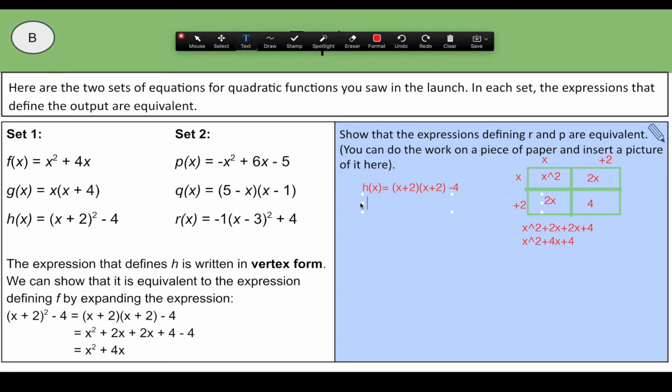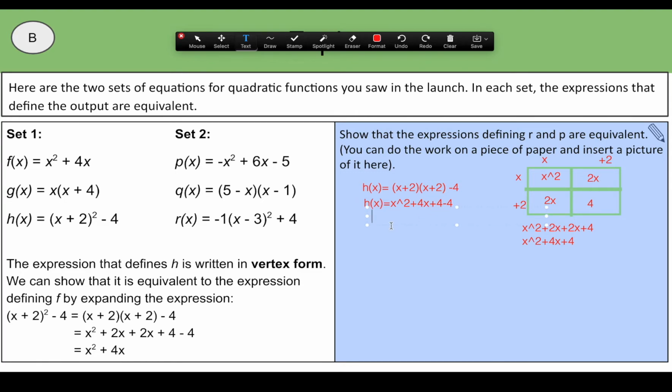So I'm going to rewrite that over here. h of x equals x squared plus 4x plus 4. And I'm going to bring down that minus 4 now. And then we have the last step of combining these like terms, these constants. 4 minus 4 is 0.